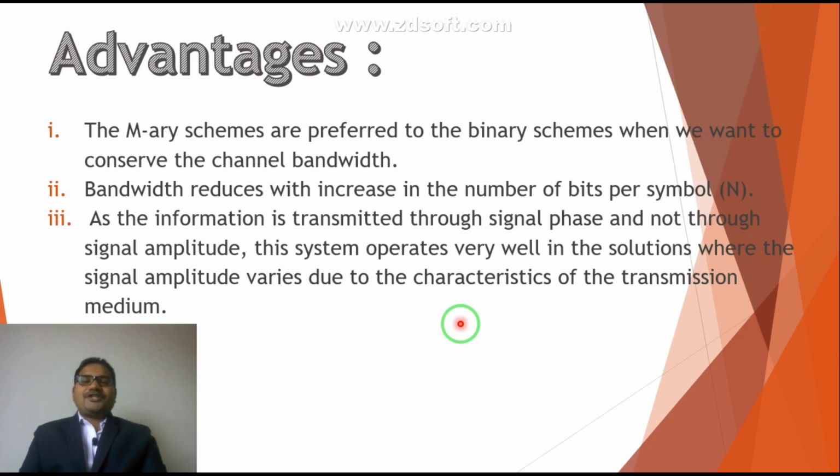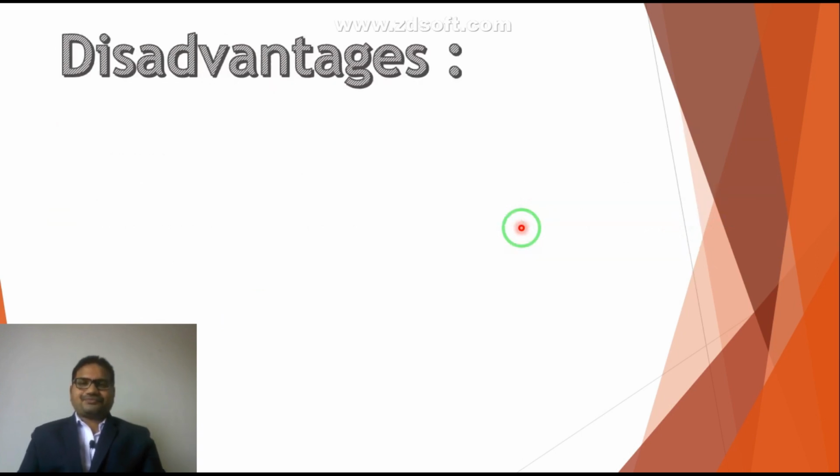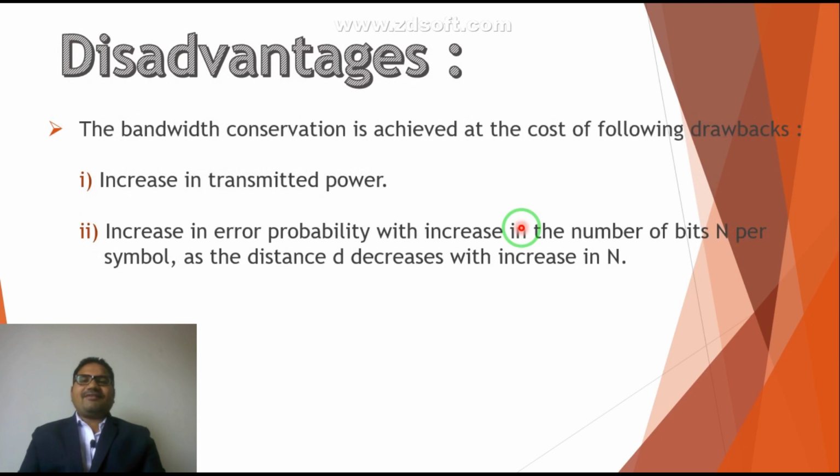As the information unit is transmitted through the signal phase, not through signal amplitude, the system is going to operate very well in situations where the signal amplitude varies due to the characteristics of the transmission medium. So even if noise is added onto its amplitude, our digital information is going to be invariant.